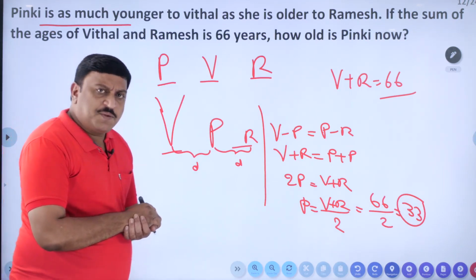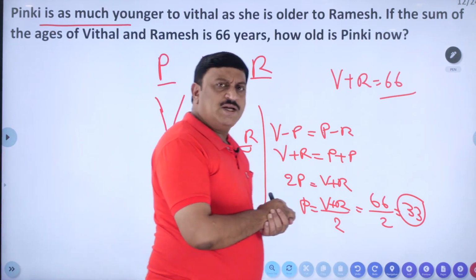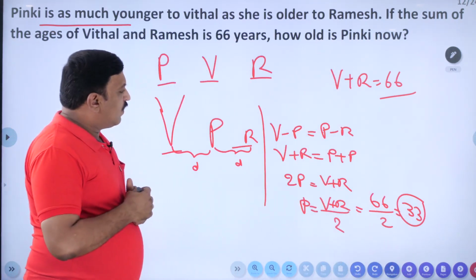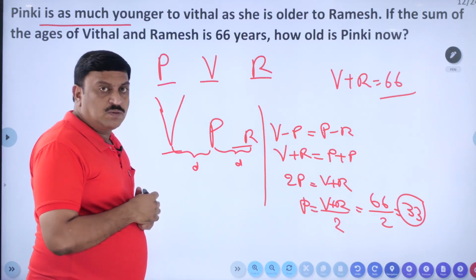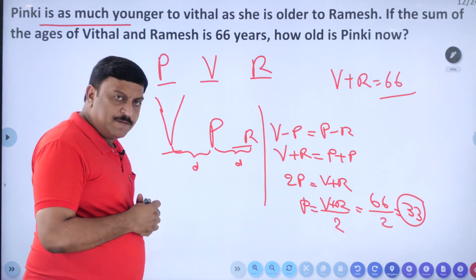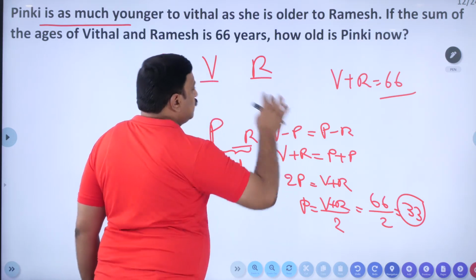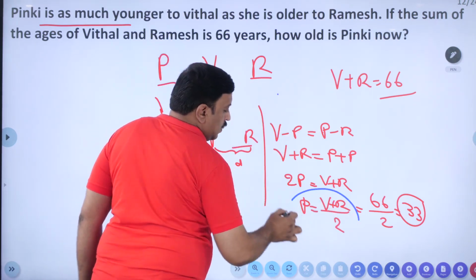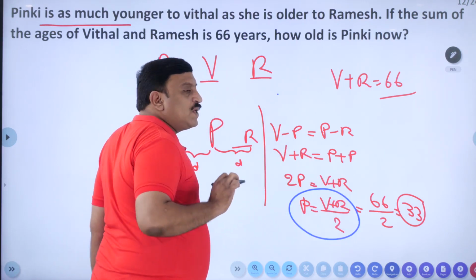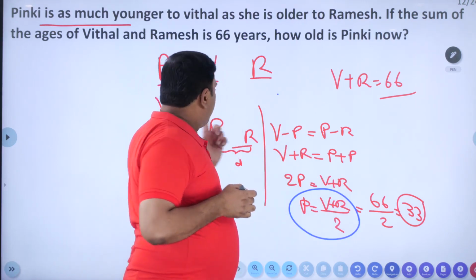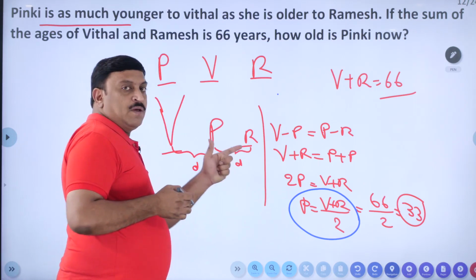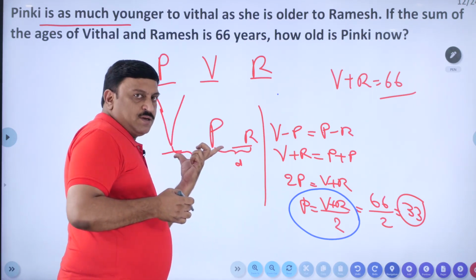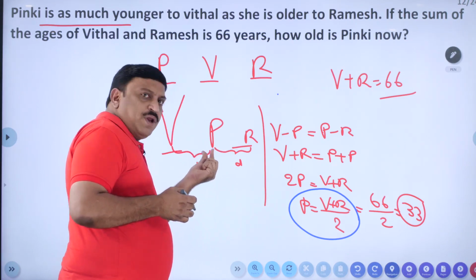What are all these equations? We said it is an average concept, and we have done the entire equations. How will this be average? Observe this one. Pinky is V plus R by 2, which means Pinky is at the average distance. She is exactly in the middle, no?